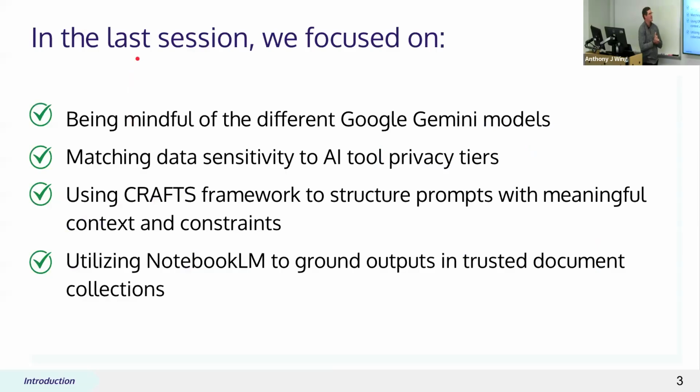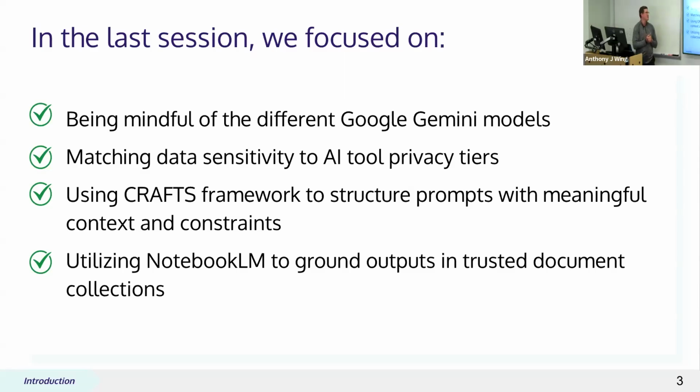So last time, we really focused on the different models themselves within Gemini. This will be focused exclusively on Google Gemini. I know a lot of people use Claude. I think Claude is great. Today, we're just going with Google tools. We talked a little bit about matching different data types and different sensitivities for those data types and different privacy tiers, and thinking about how or when or if we should upload different types of data into these tools.